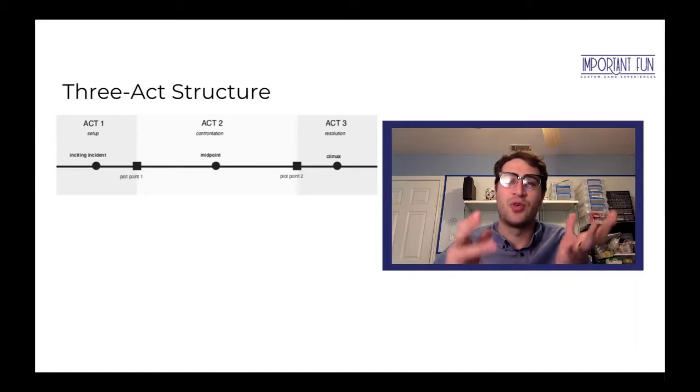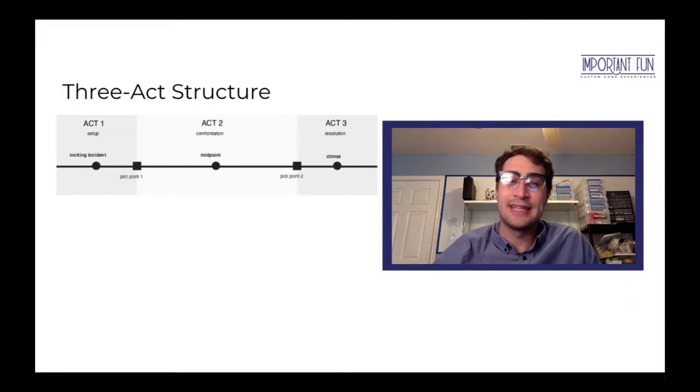And so this takes a story and divides it up into 3 acts. It starts with an inciting incident, ends with a climax, and in between you've got a midpoint or turning point and a couple plot points that sort of launch the action from one act to another.